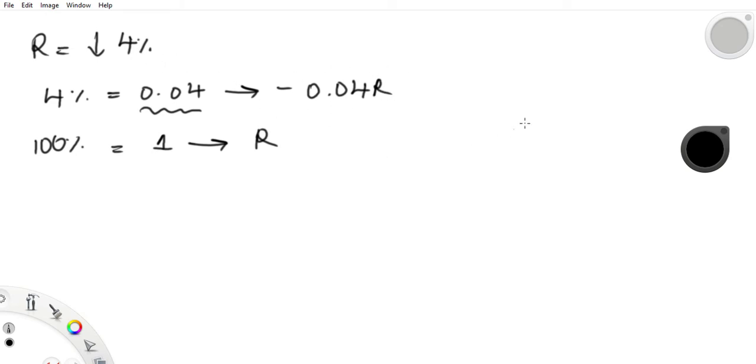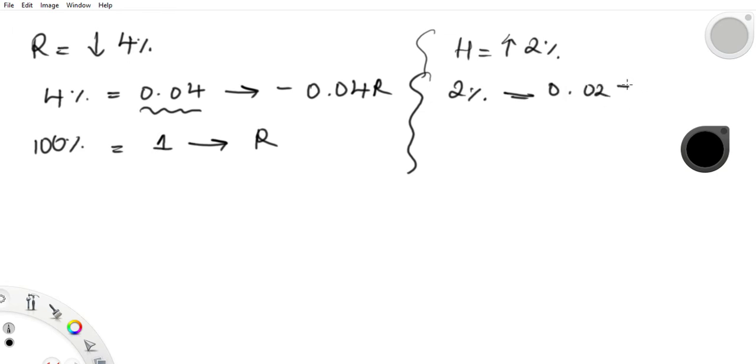The same goes for the height. I said the height was going to increase by 2%. 2% as a decimal is 0.02. 100% gives me 1, since 100 divided by 100 is just 1, and 2 divided by 100 is 0.02.